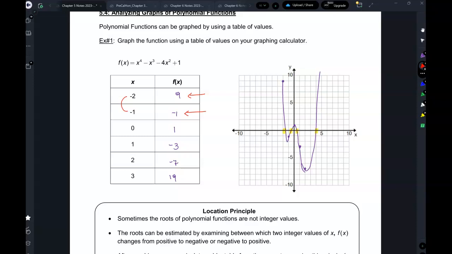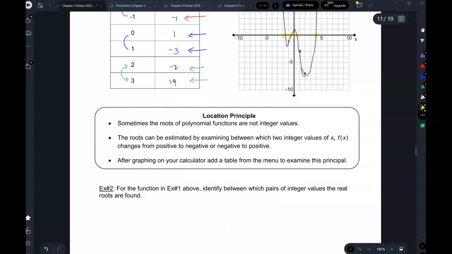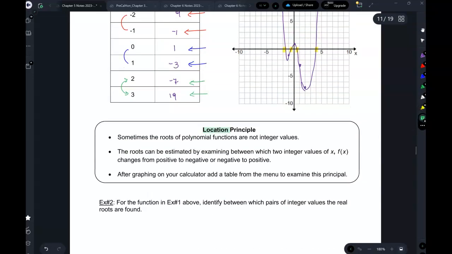Where else does that happen? Here it's positive, here it's negative. So somewhere between x equals 0 and 1, there's going to be a 0. And then lastly, here and here. Okay? It goes between negative and positive. This is called the location principle. Okay?